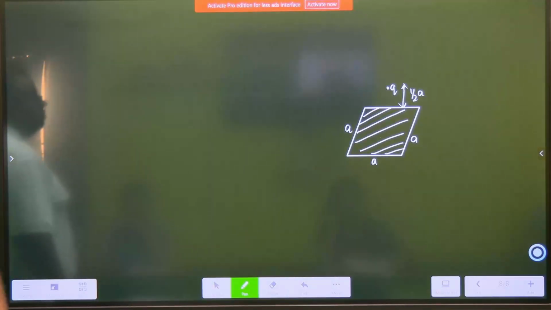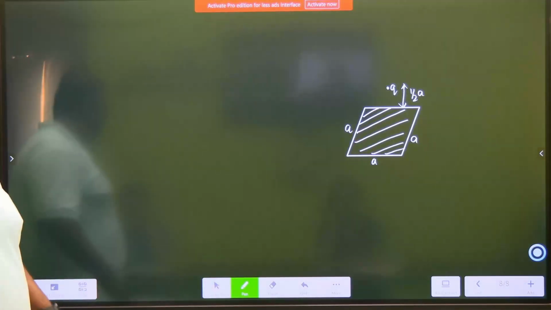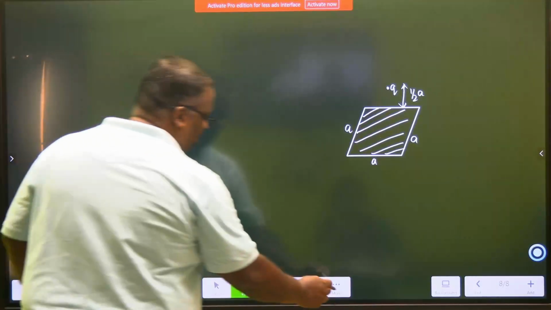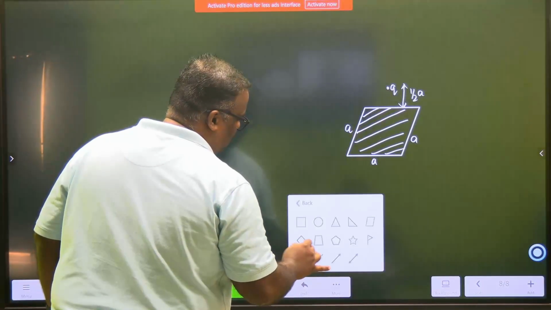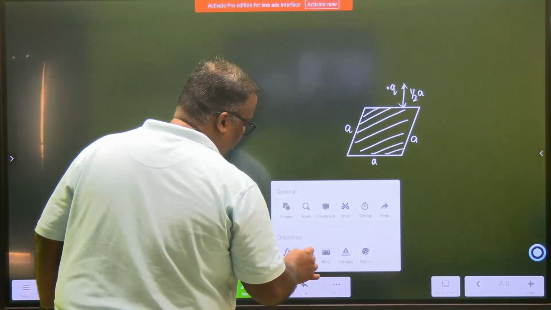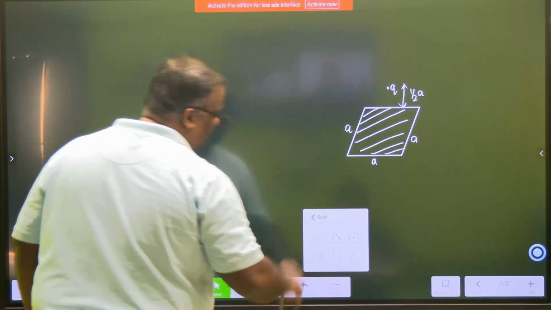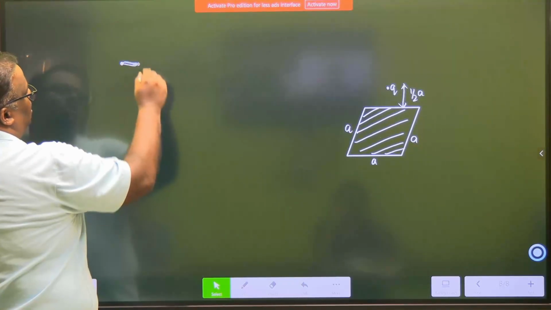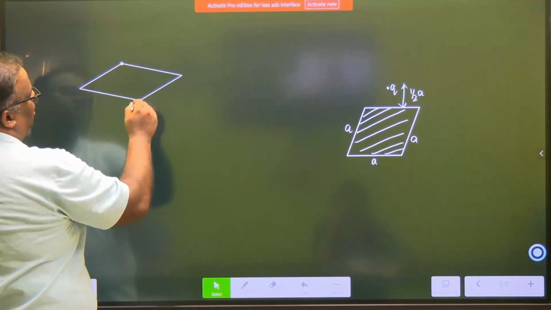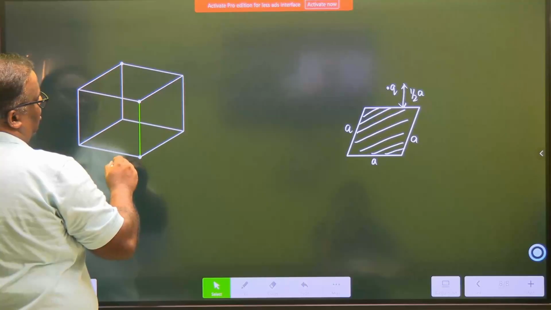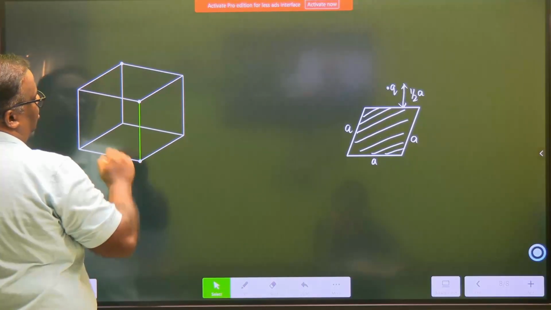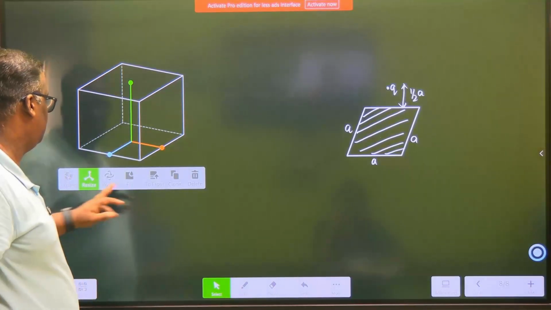Right? Clear? Let us try to imagine the Gaussian surface. Actually, very easy. You need not break your head for this. Okay, this is easy. So let's say, imagine that my Gaussian surface is a cube.